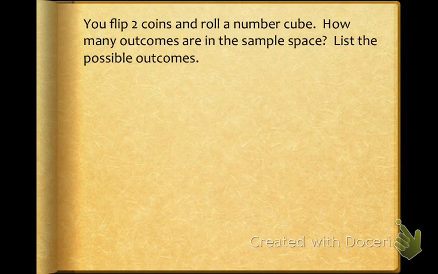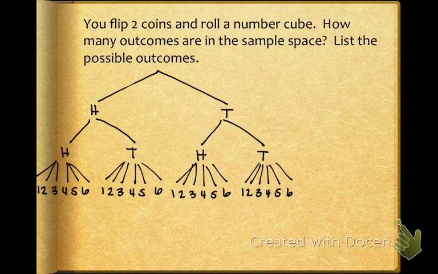Here's a third example. I'm not going to work this one out, but I will show you the final answer here. So magically, here is the tree. If we look at the bottom of the tree and we count up how many things there are, you can see I have 6 plus 6 plus 6 plus 6 altogether.